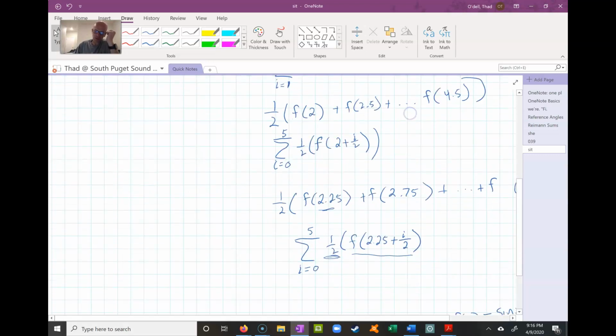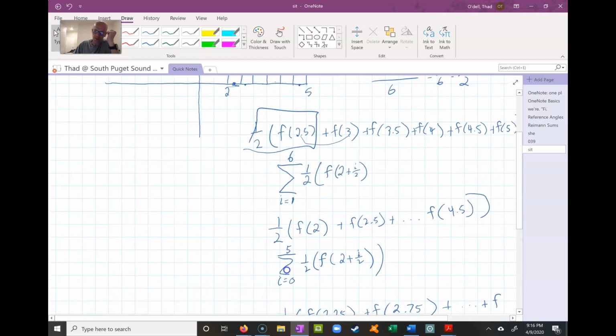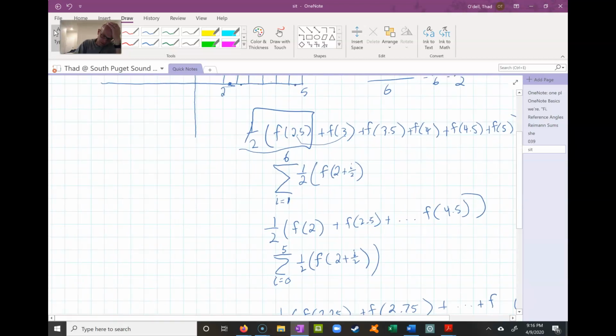So when we do sigma notation like this, what we can do is let the number of rectangles be n.